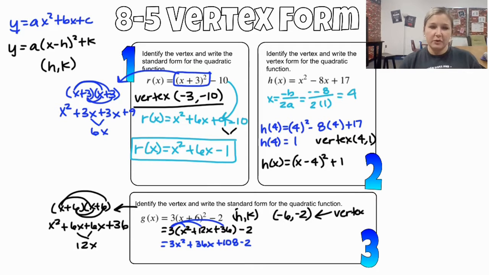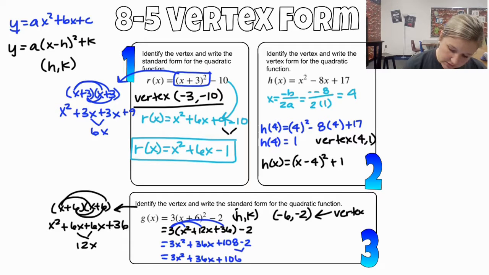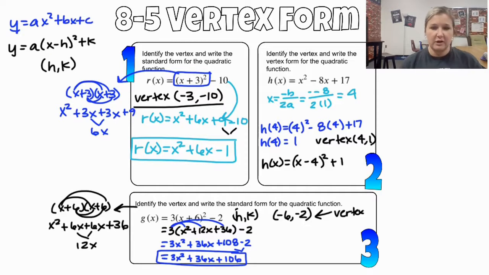So just like before, when I have my like terms, remember these two do not have a variable with them. So I have 3x squared plus 36x plus 106. So a little bit more involved when you have a coefficient out in front, that a, but not as bad.